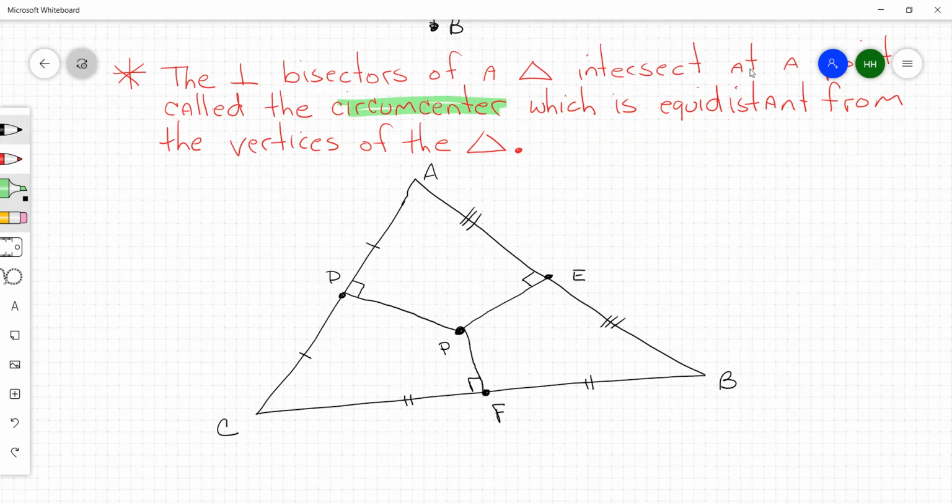So if we took a line now, or a segment, and connected it from each vertex of the triangle to the circumcenter, I'm going to do them in a little, let me see this line right here, and this line, and this line.